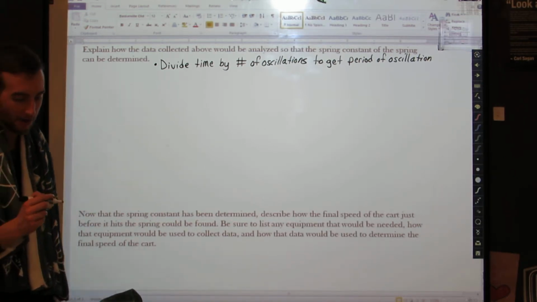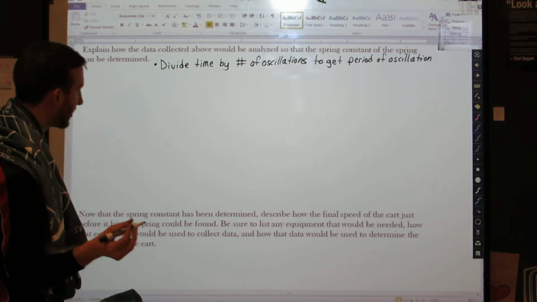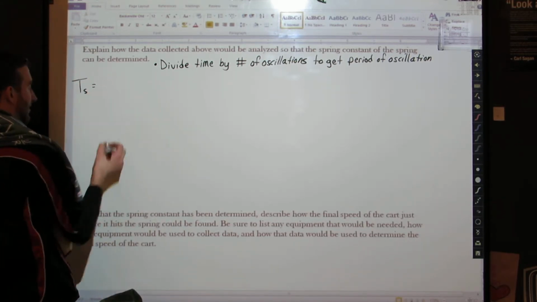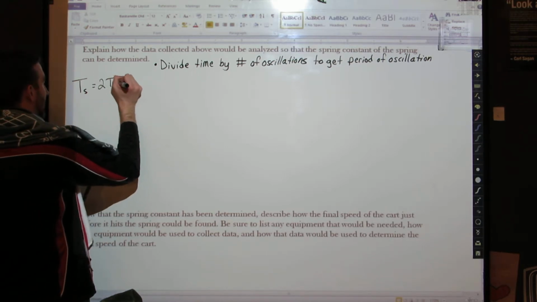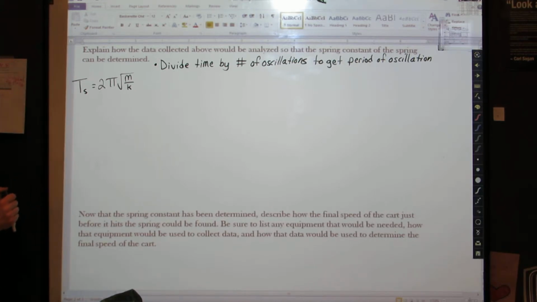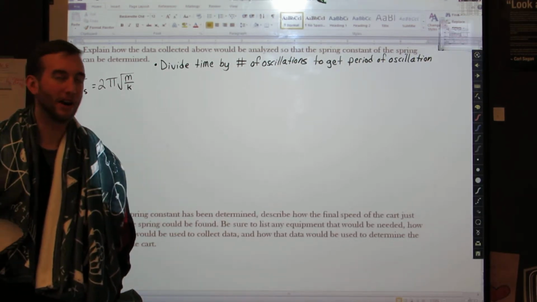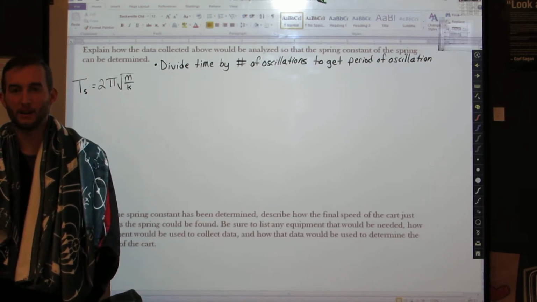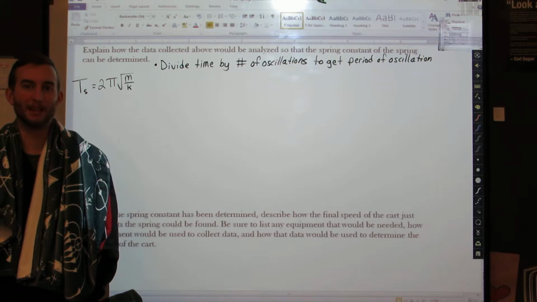And let me remind you of the equation that we were using. The period for a mass on a spring is 2 pi times the square root of m over k. I have always urged you, when you can, make a graph of something and linearize.